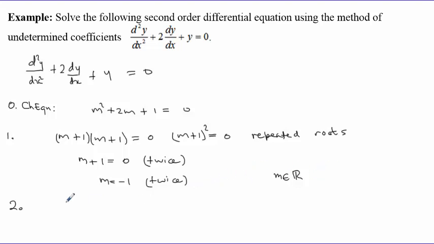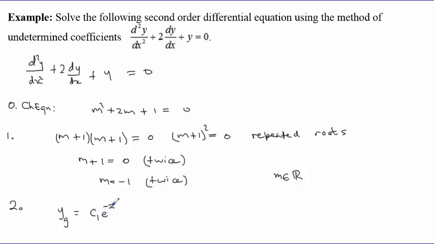So now writing the solution, we're going to do this as follows. This is our general solution. We're basically going to say the solution is C1 e to the power minus x. This is the first term.